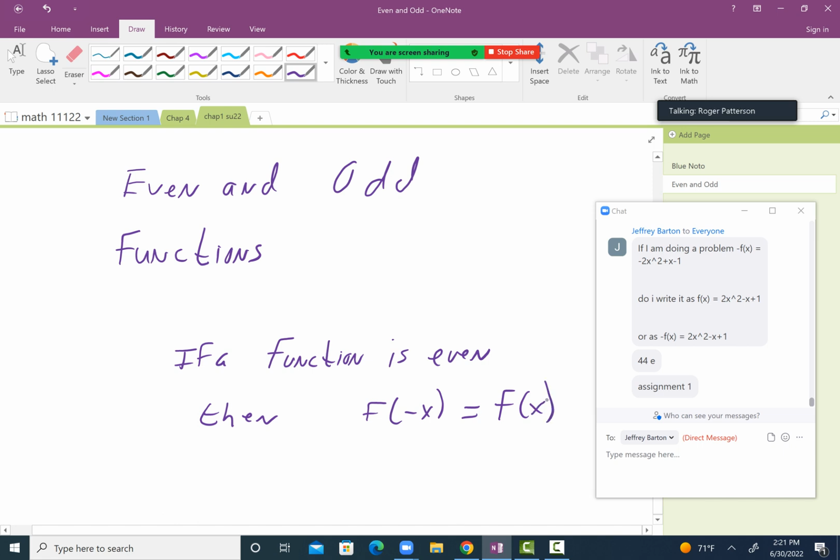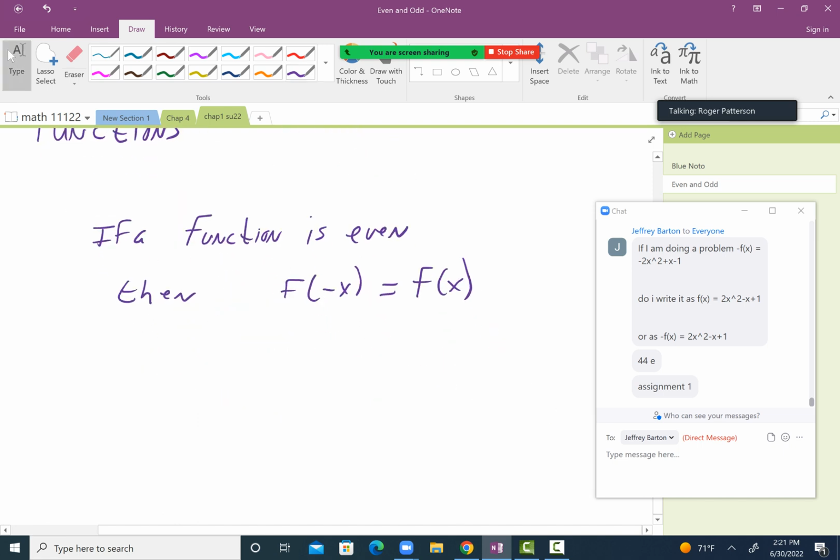So what exactly does that mean? Well, if I put a negative value in for x, it would be the same as if I put that same value in but positive. So you're going to get the same thing.